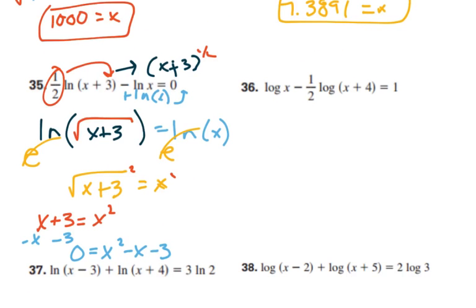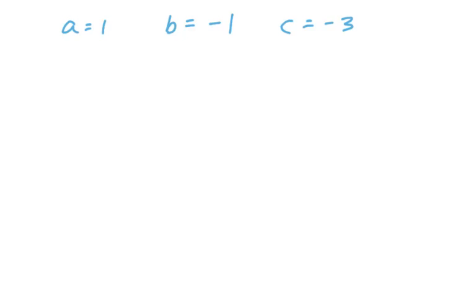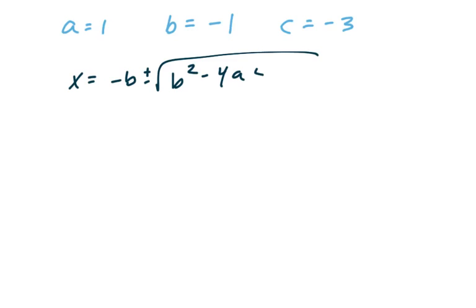Alright, so from our equation, a is going to equal 1, b is going to equal negative 1, and c is negative 3. Yep, because there's a 1 here, negative 1, negative 3. So we'll go ahead and plug it into our equation. x equals negative b plus or minus the square root of b squared minus 4ac all over 2a.